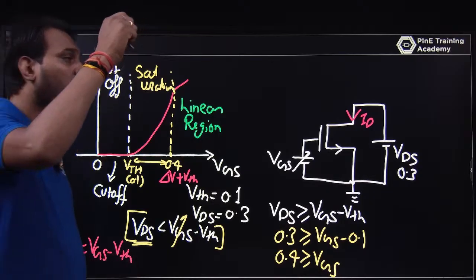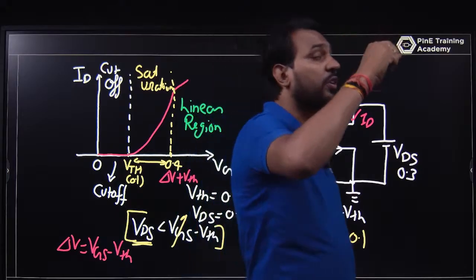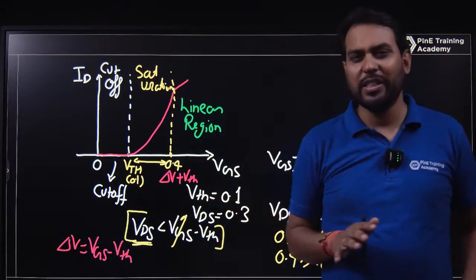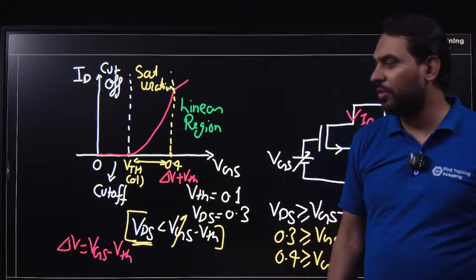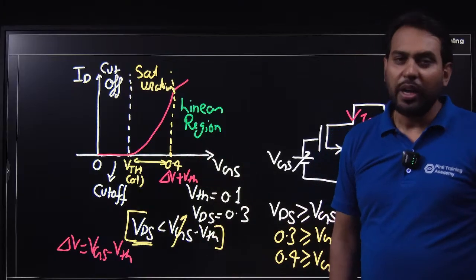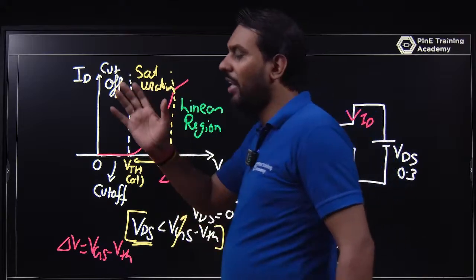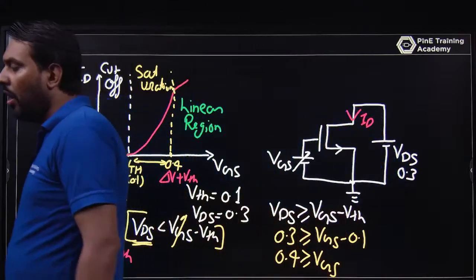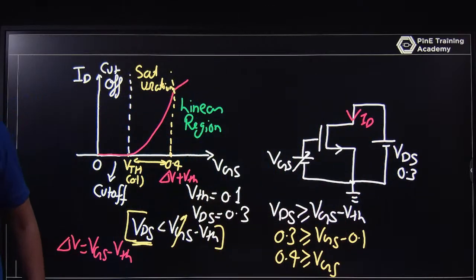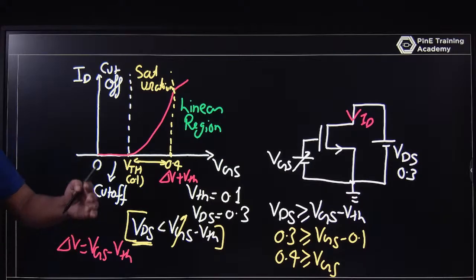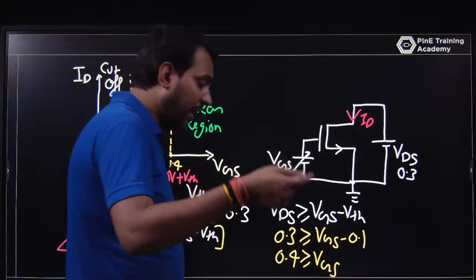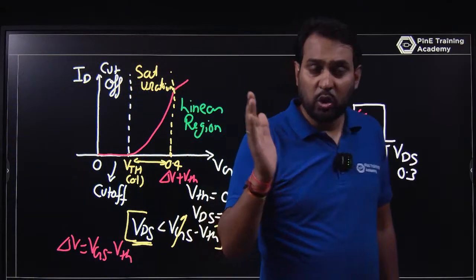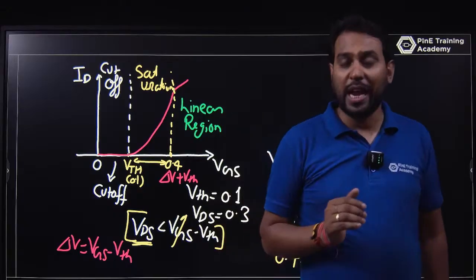The overdrive voltage is the point where the MOSFET is in pinch off. I am not going into solid state physics, that's why I am not explaining this part. Otherwise, if you are interested, we will. That is the pinch off point where you will find the taper shape on the drain side. On the source side, you will find more charge. As VDS increases, your channel shifts towards the source side.